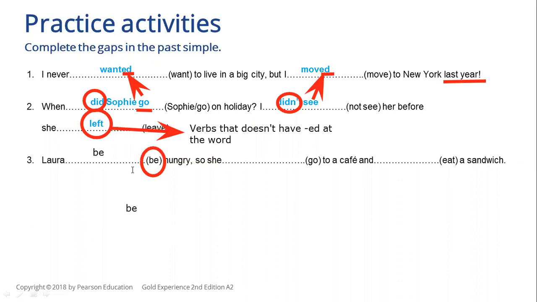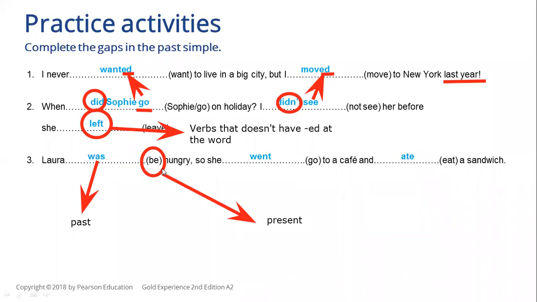No, it's not like that. You're going to see the difference now because be is going to be was. Because when we talk about be, you're talking about present, okay? Present. When we talk about was, we're talking about past. So you're going to see the difference here.